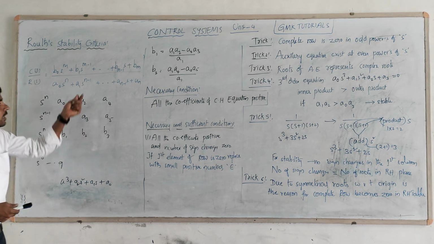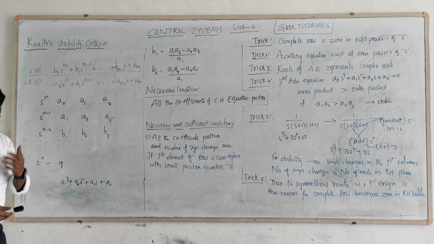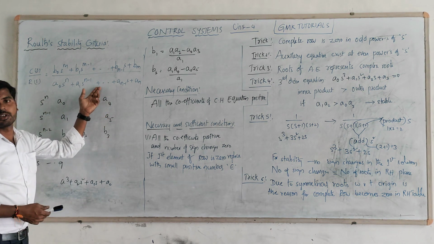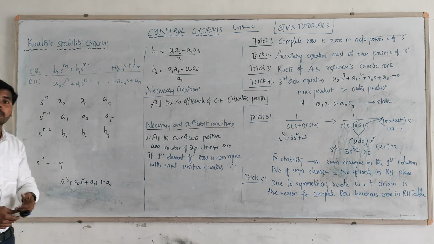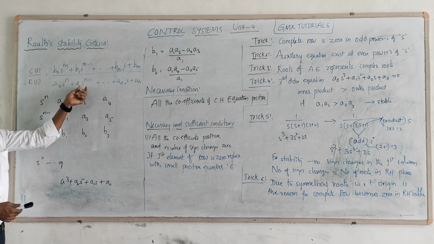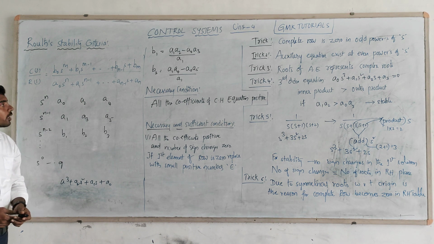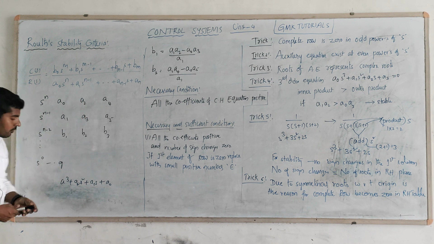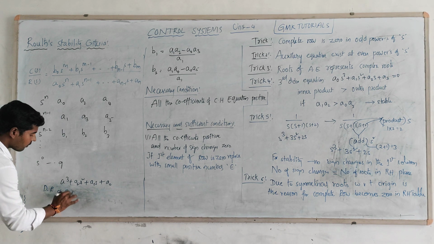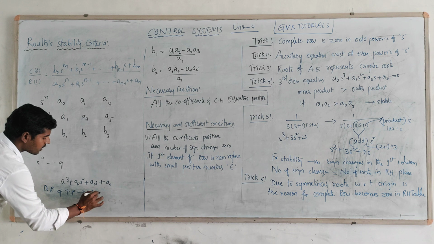With the help of the CH equation we can analyze the stability of the system, with the help of that equation only. That's why the characteristics of the complete system can be analyzed from the CH equation, and that's why it is called a characteristic equation. So the denominator of the transfer function represents the CH equation.